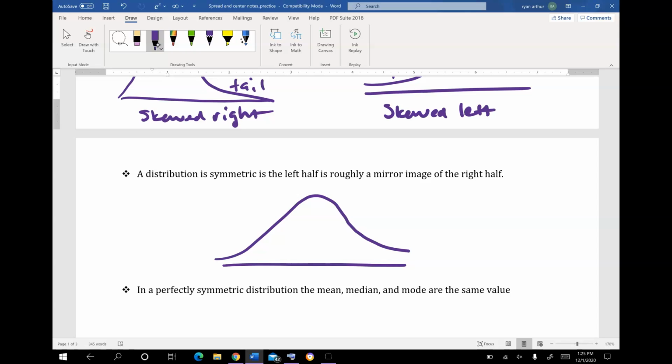Now, in a perfectly symmetric distribution, the mean, median, and mode are right down the middle. Like this right here would be my mean, my median, and my mode. Okay, if you come across a set of data where your mean equals your median and it equals your mode, that is a symmetric set of numbers or a graph.